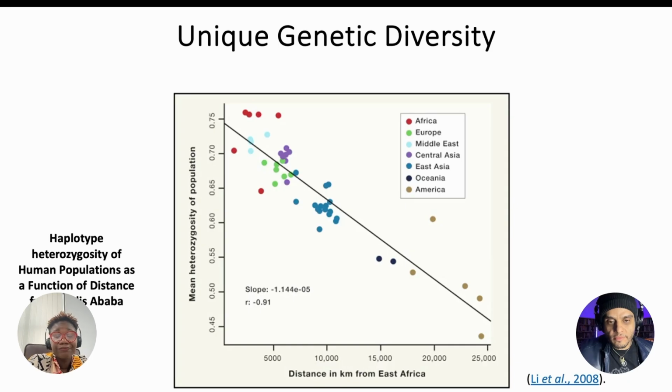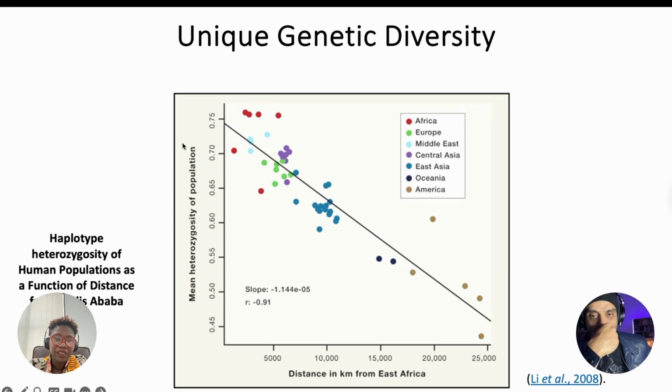Looking at the unique genetic diversity in Africans, there was a study by Lee et al. in 2008. What they did was they looked at microsatellites and SNPs from 50 different unrelated populations.